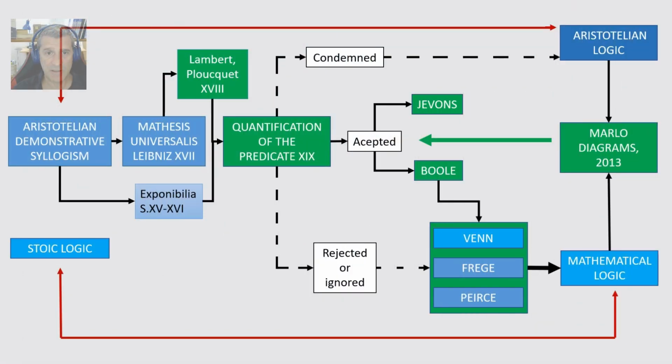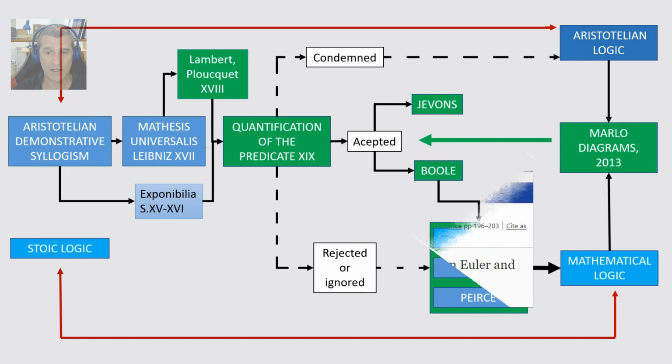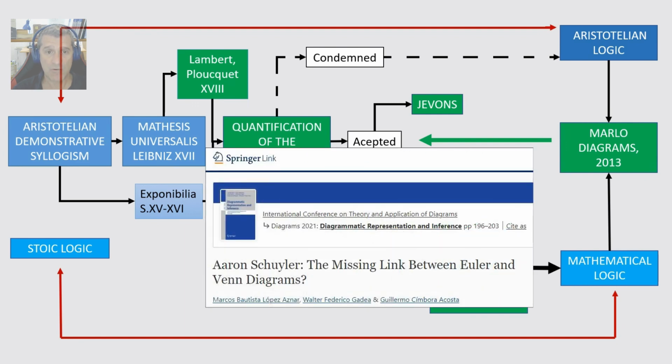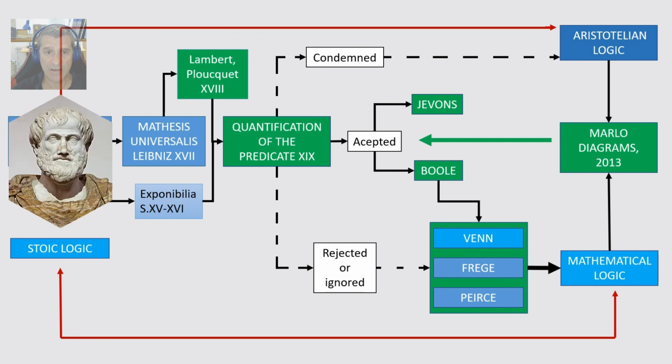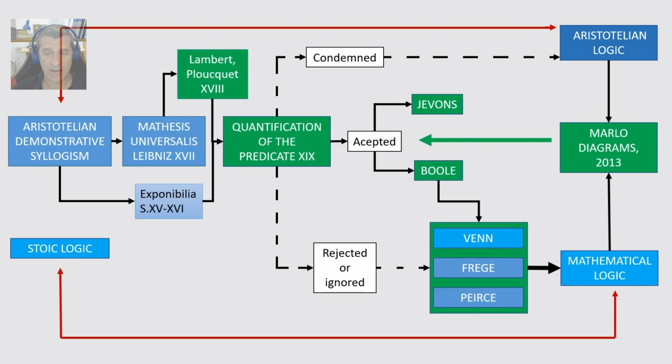In 2017, I discovered that the way I understand propositions and inference in my diagrams is very similar to the postulates of the doctrine of the quantification of the predicate, which was one of the most important attempts to broaden the scope of the Aristotelian syllogism. The quantification of the predicate had been condemned in the 13th century by Aristotelian logic because, according to orthodoxy, only subjects can be particular.